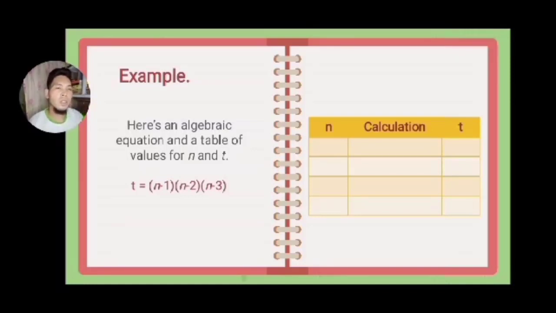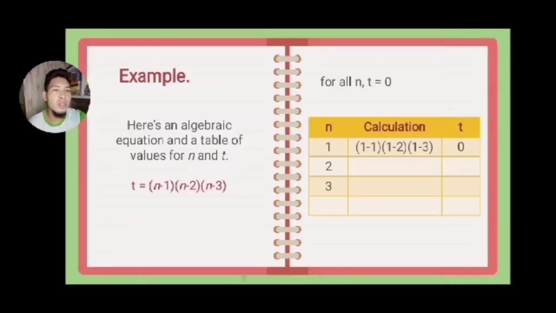Our conjecture here is that for all n, t is equal to 0. So, we will put 1 to 3 in n. In 1, we will replace n with 1. So, 1 minus 1 is equal to 0, 1 minus 2 is equal to negative 1, and 1 minus 3 is equal to negative 2.